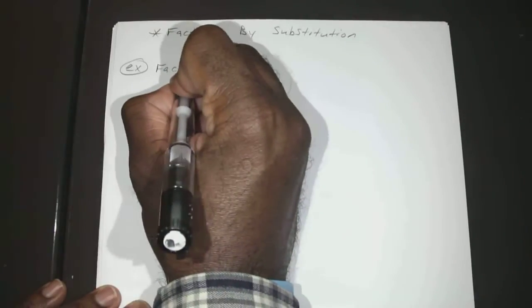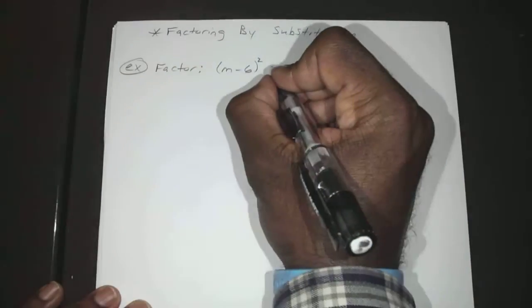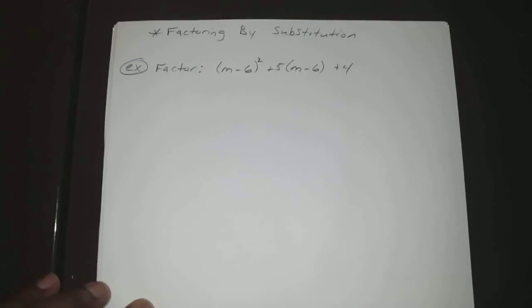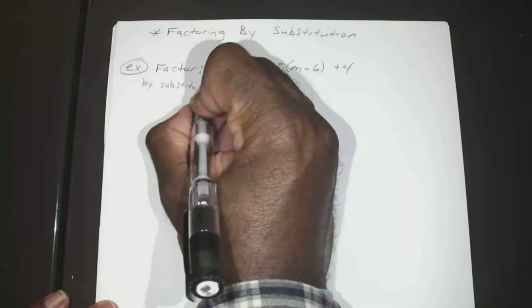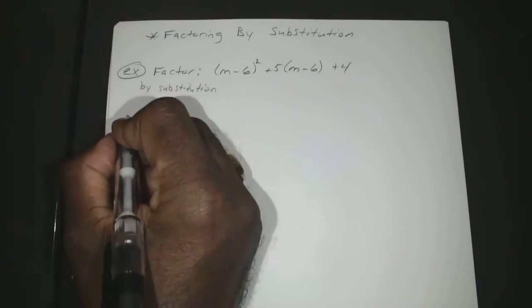What if we wanted to factor, say, m minus 6 squared plus 5 times m minus 6 plus 4. Oh, factor by substitution. Okay. So whenever you have, I guess you could say, a polynomial within a polynomial that looks like this, the first thing you want to do is replace that polynomial with a variable, just temporarily.